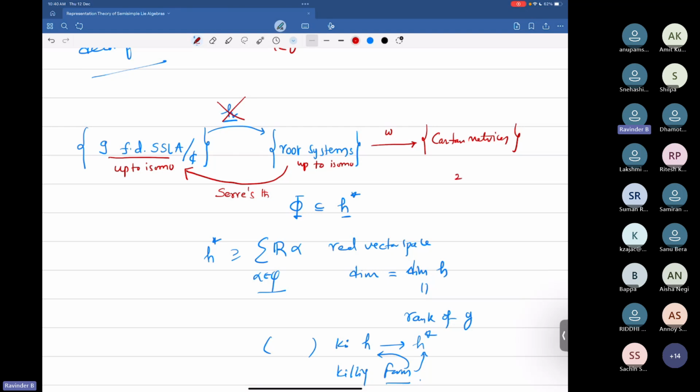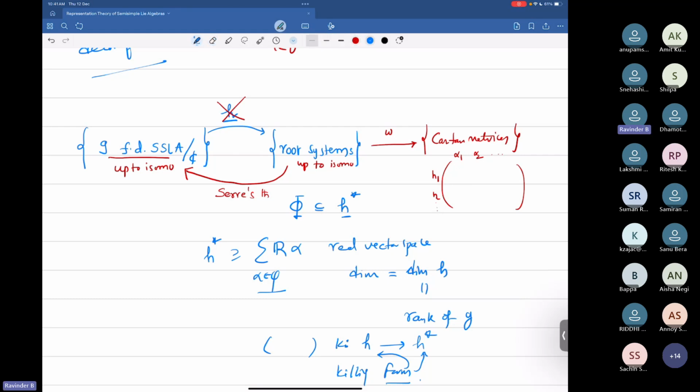What are these numbers? If you remember, alpha 1 to alpha L are simple, and the matrix has a labeling. This is alpha 1, suppose this is alpha 2. Correspondingly, there is an SL2 copy I told you, right? So this is H1, this is H2. Then how do you write the matrix? The matrix is given by these numbers.